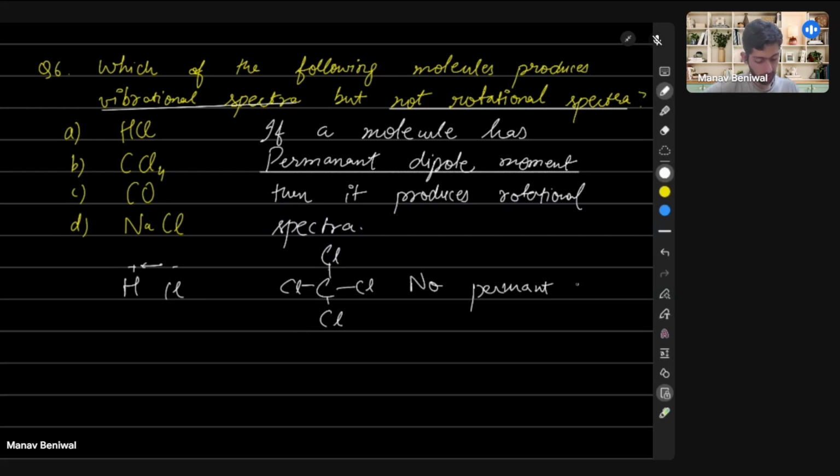And CO again plus minus, you can see it has a dipole. Similarly NaCl plus minus also has a permanent dipole. Therefore option B, which is the odd one out, because it doesn't have a permanent dipole moment, it can produce vibrational spectra but not rotational spectra.